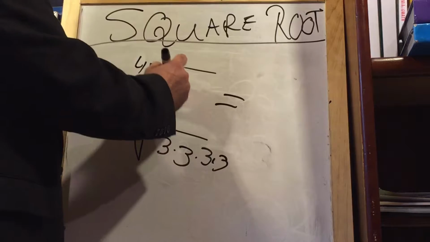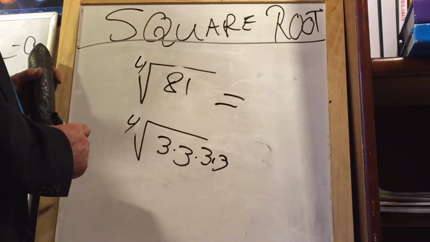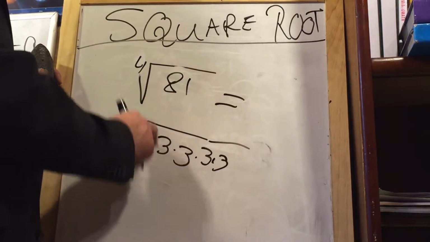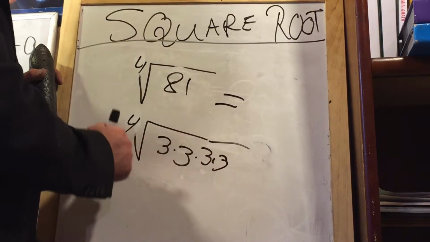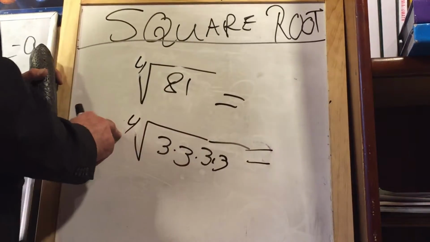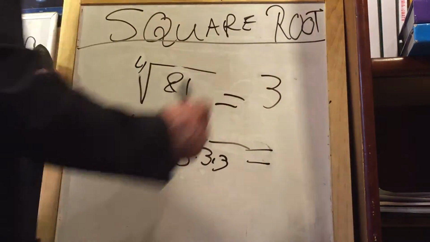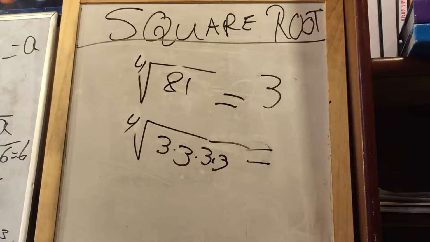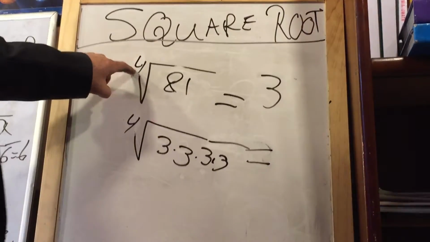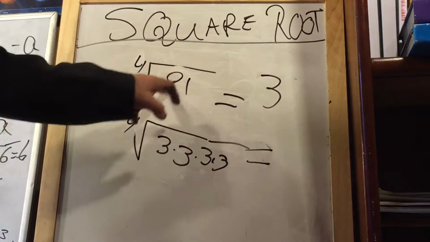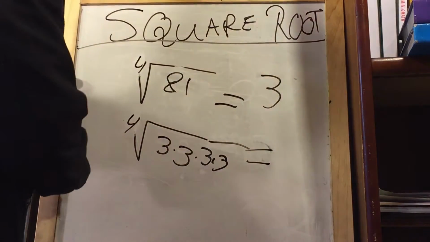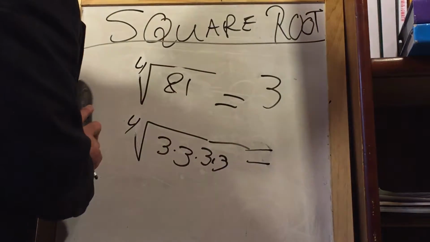So 81 is 3 times 3, 9 times 3, 27 times 3 is 81. So the fourth root of 81 is 3. Fourth root is the number you multiply by itself 4 times, because there's a 4 here, to get 81. Okay, anyway, that is the whole idea.